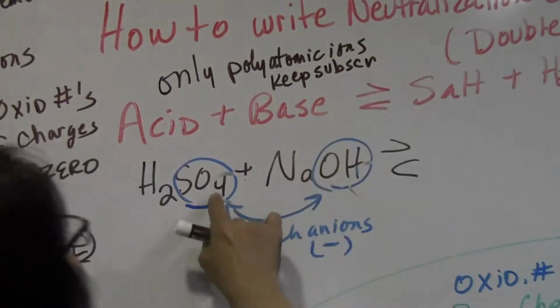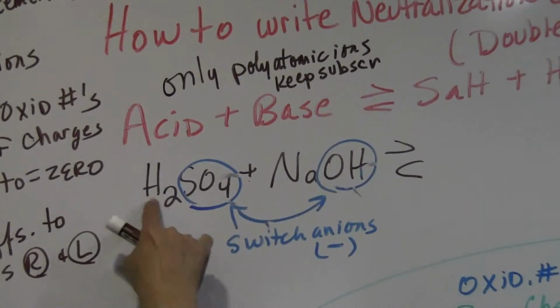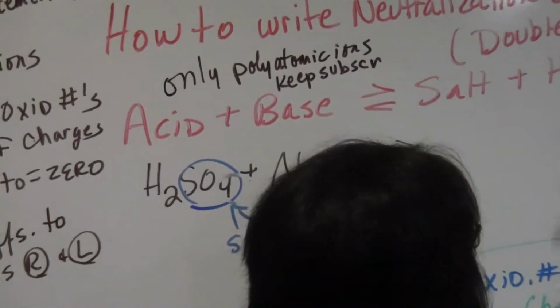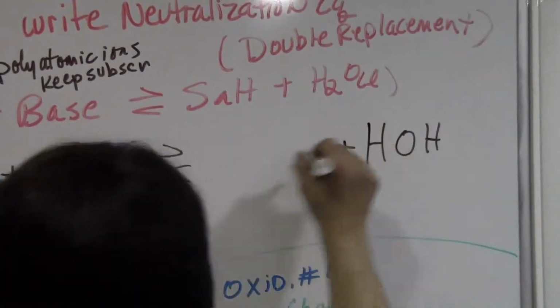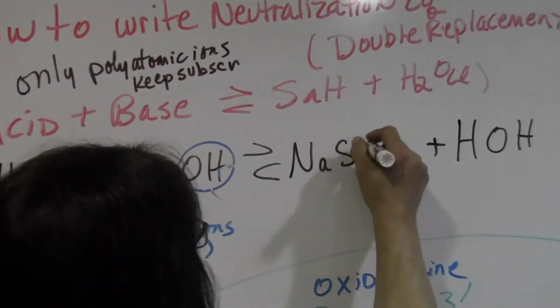So only the 4 is going to transfer. This little 2, since this is only H, doesn't carry over. So let's give H a new partner, OH, and let's give Na a new partner, SO4.